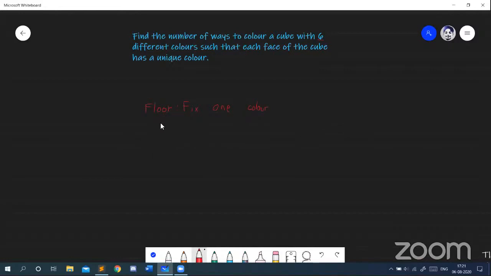And now if you look, I have 5 colors left. And now if I look at the ceiling, I have 5 choices for the ceiling. And now if I were to look at the other 4 walls, I have 4 colors left, and I can color them in 4 factorial different ways, right? So I'm saying 4 walls.